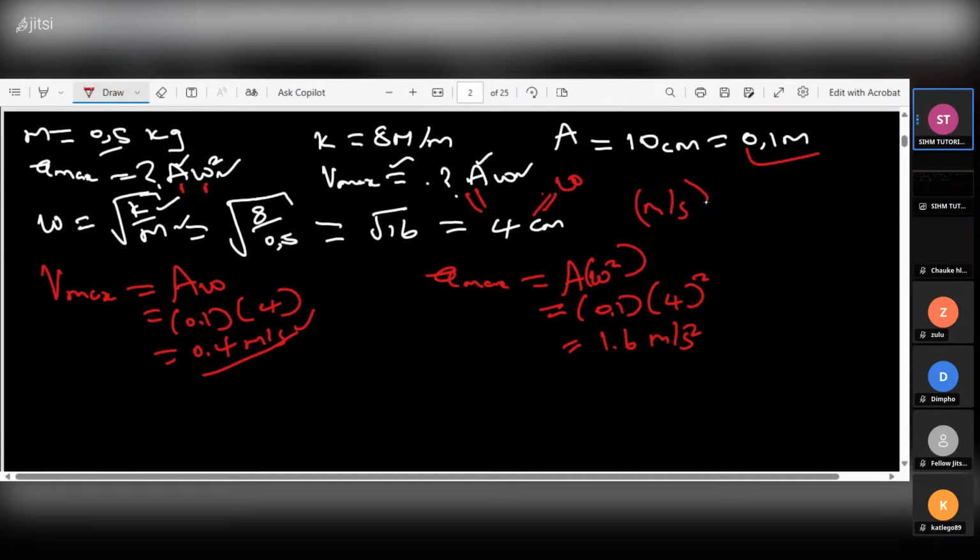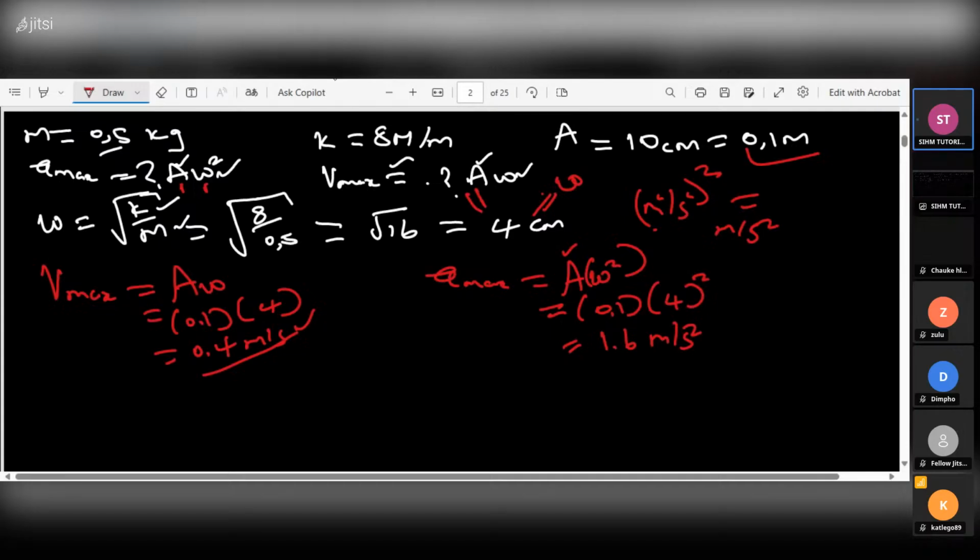As you know, the amplitude is in meters, so if this is squared, it's going to be meters per second squared.